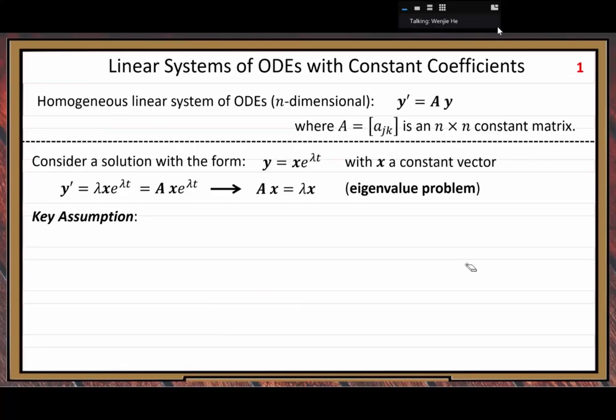So here we make some key assumptions. Under certain key assumptions, this problem is not hard, so we can handle it easily. So what are those assumptions? The key assumption is that the matrix A has a linearly independent set of n eigenvectors. Actually, this assumption is very important.